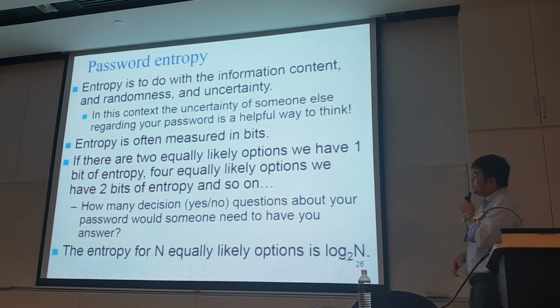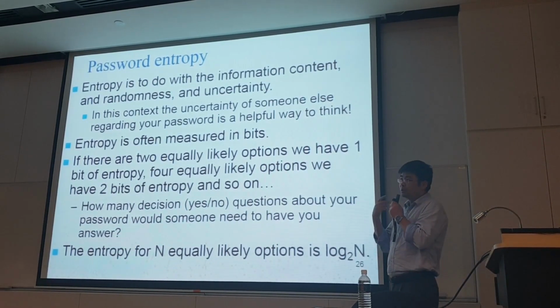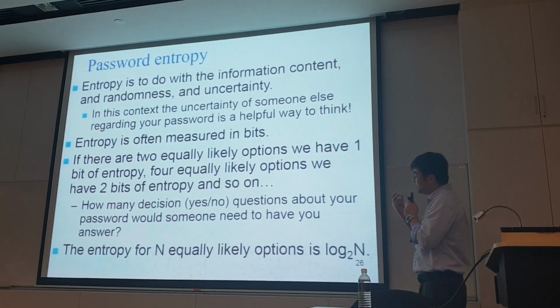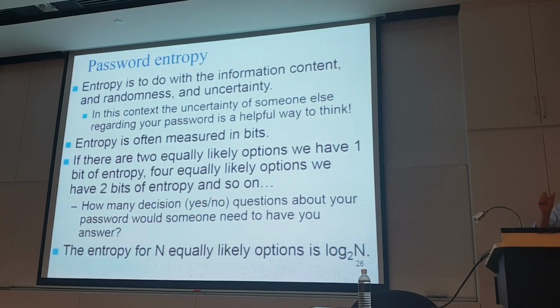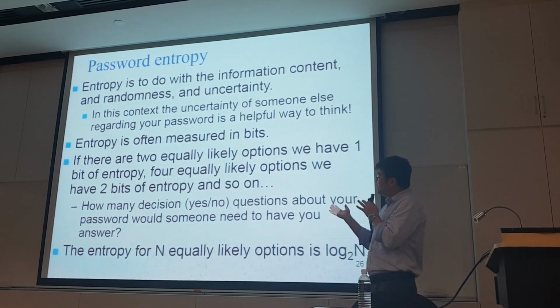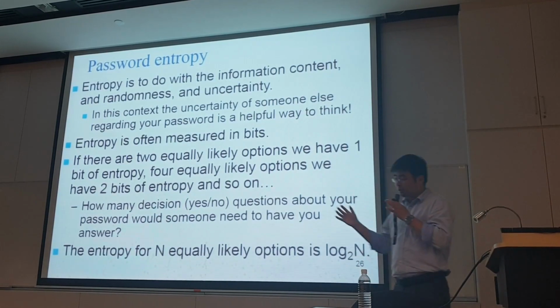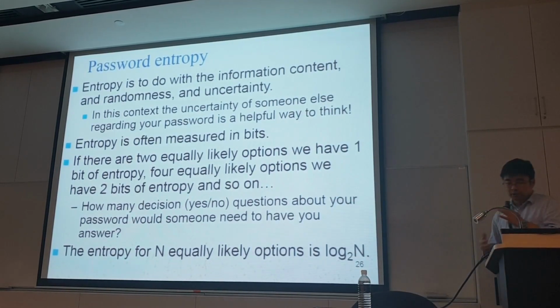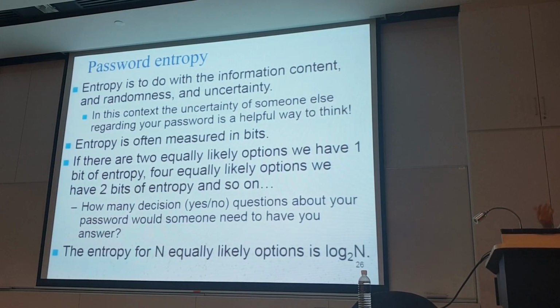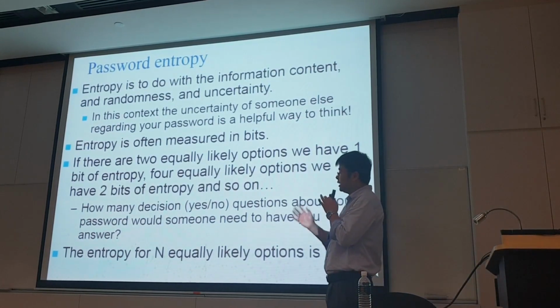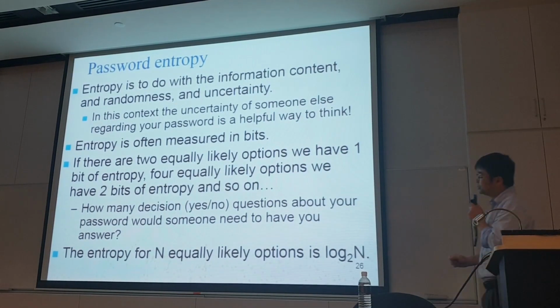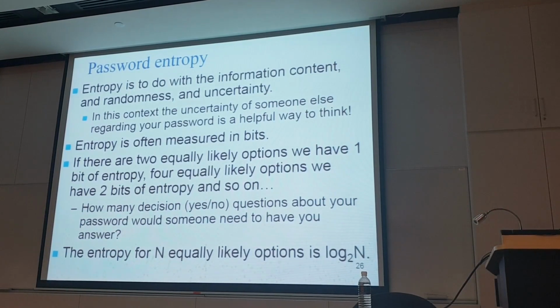We measure the entropy in terms of bits because we are looking at the number of decisions we need to make in order to locate the correct password. If there are n possible passwords, every time we make a decision, we have a yes or no, right? That's why we use log base 2 to determine the entropy of the password.